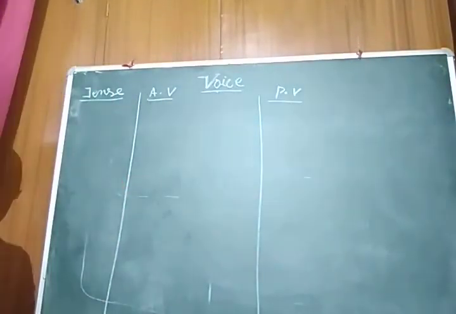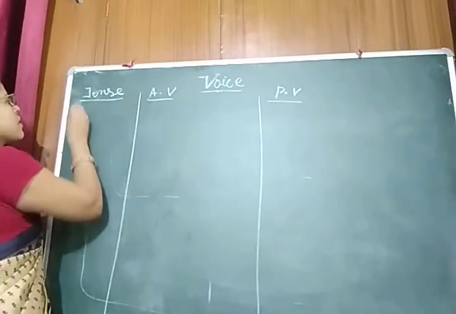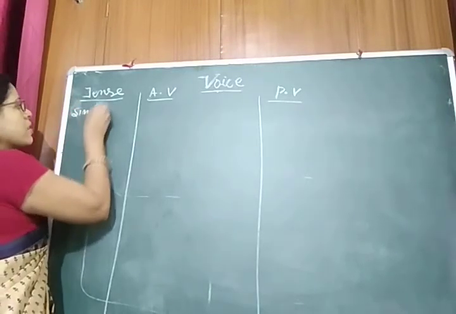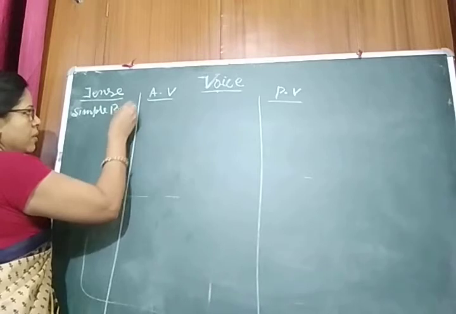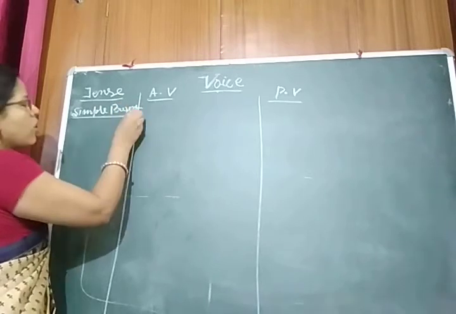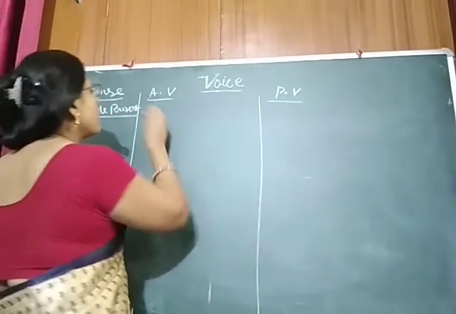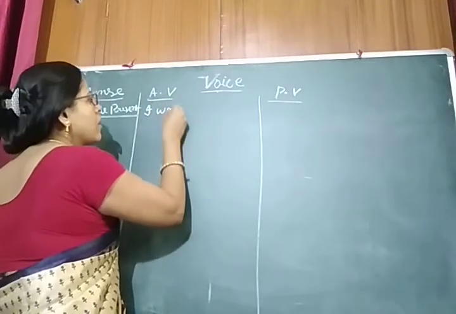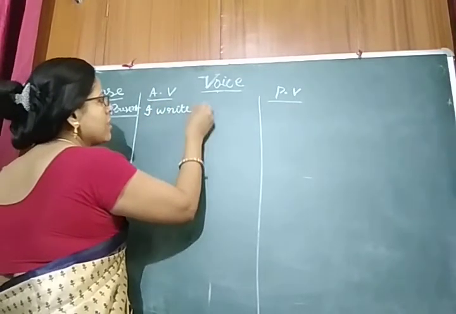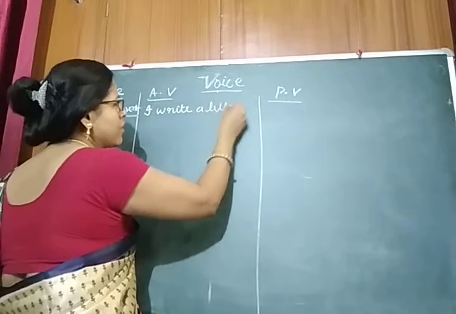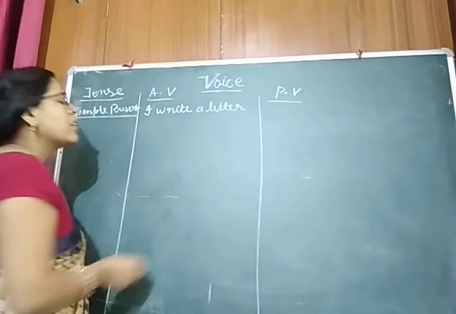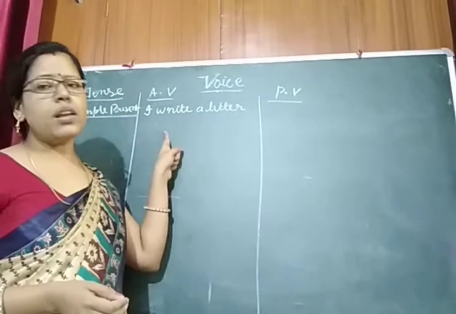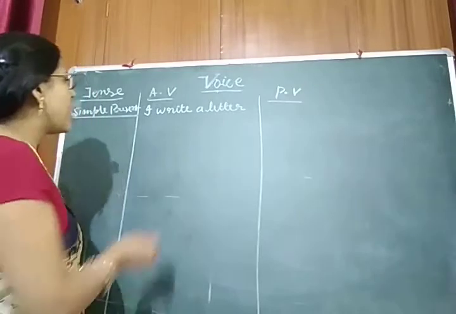So at first we will write here simple present. Simple present. Alright. So here I write, suppose that I write a letter. Okay. This is an example of simple present. So who is the active here?